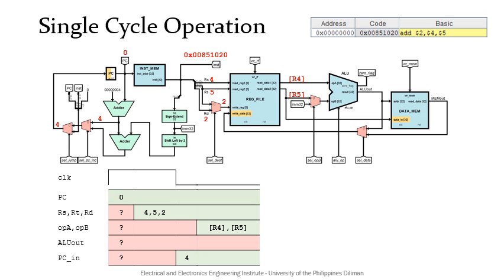Also, the control unit should have been able to feed the ALU with the correct ALU op corresponding to addition. After some delay, the ALU will be able to output the sum of the contents of R4 and R5. All the signals must also be ready by this point, including the write-enable signals.